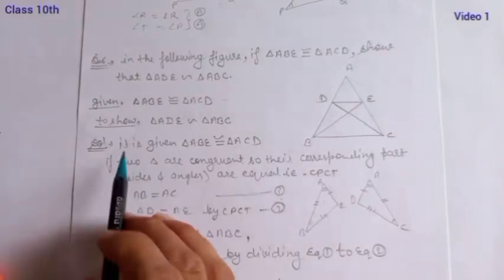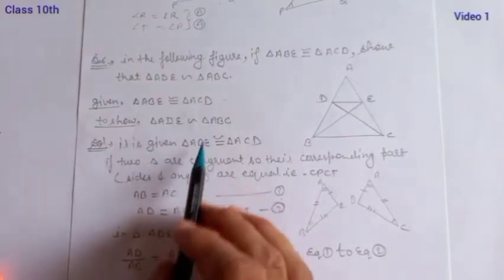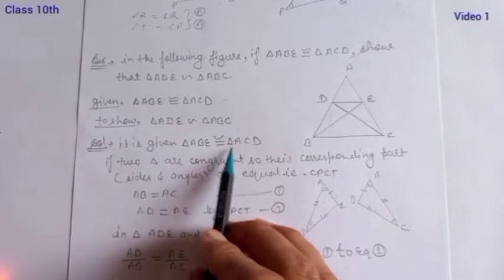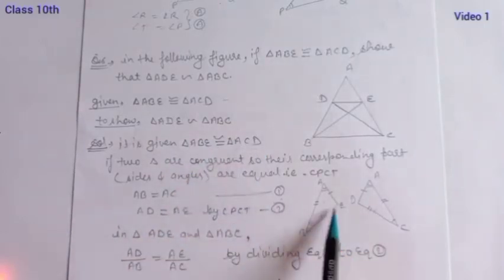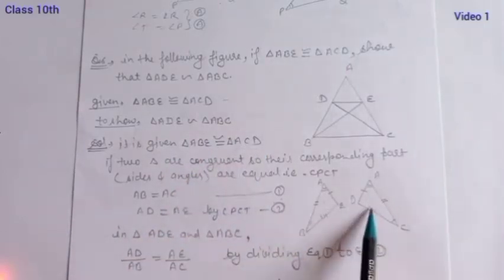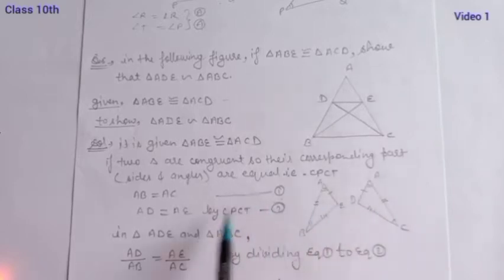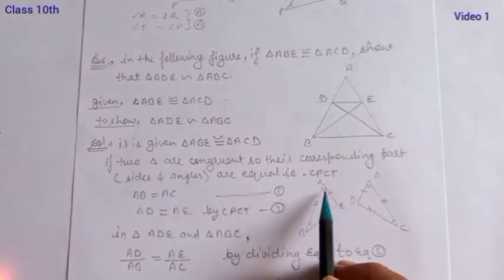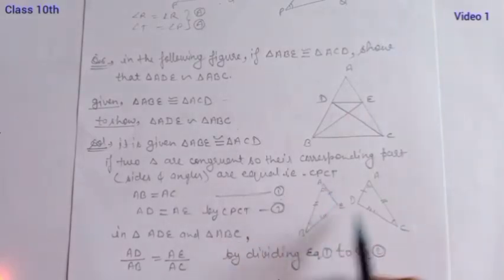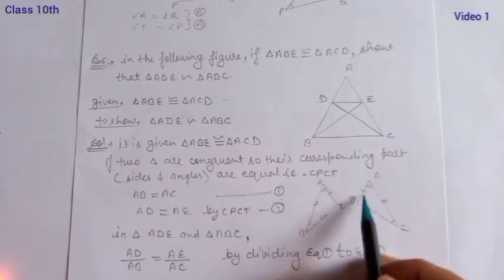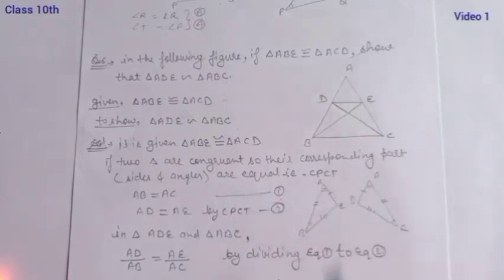Okay student, in the given figure, triangle ABE is congruent to triangle ACD. As you know, if two triangles are congruent, their shape as well as sides and angles are equal in measure. Here you can see AB corresponds to AC, AE corresponds to AD, and BE to DC.